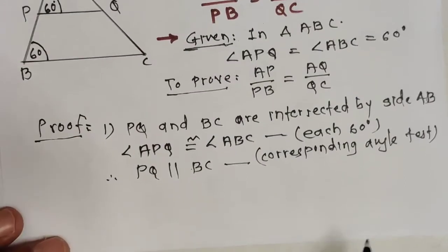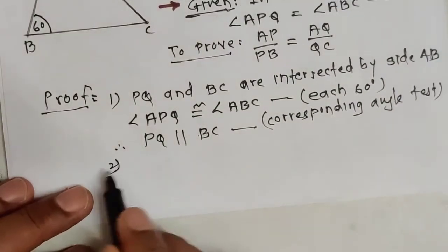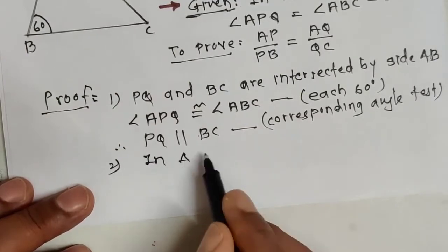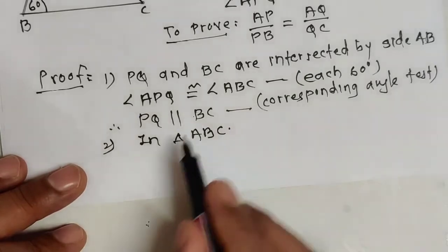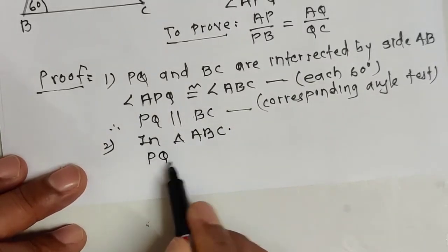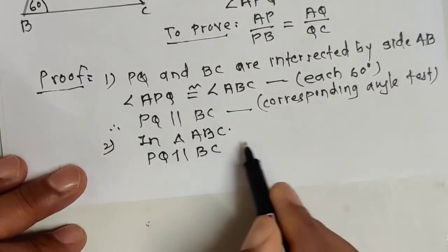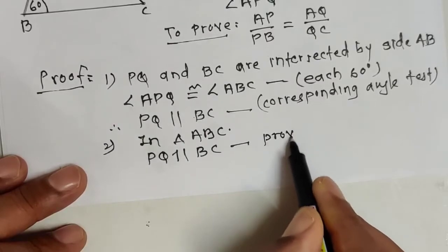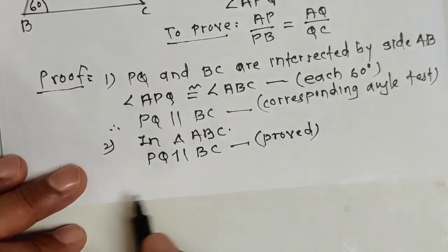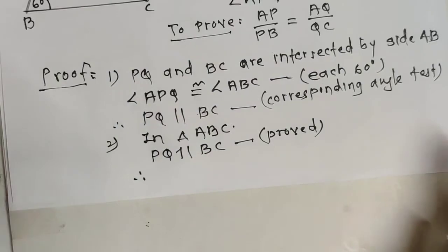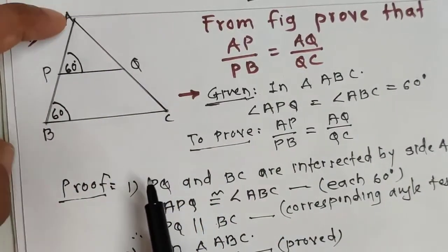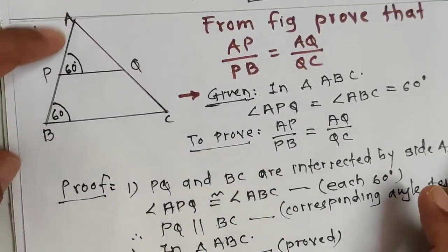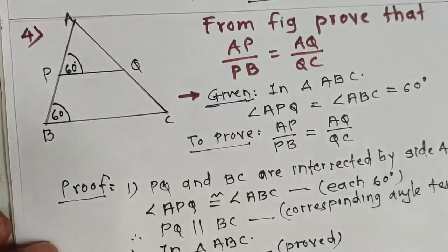And if PQ is parallel to BC, then second thing, in triangle ABC, what we proved? PQ parallel BC. Therefore, by the basic proportionality theorem, what can we write? If PQ is parallel to BC, then by the basic proportionality theorem, AP by PB is equal to AQ by QC.